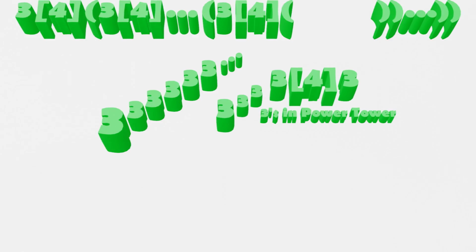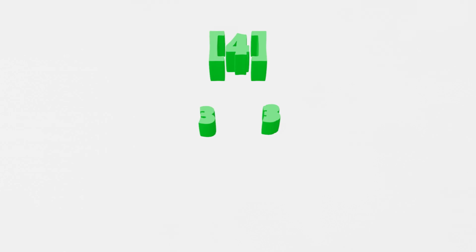Let's take the last tetration in our expression and find its value. We know that this expression is equivalent to a power tower of 3's with 3 3's in it. Now let's get the second to last tetration and find its value. We know this expression is equivalent to a power tower of 3's where the number of 3's in the power tower is equivalent to 3 to the power of 3 to the power of 3.